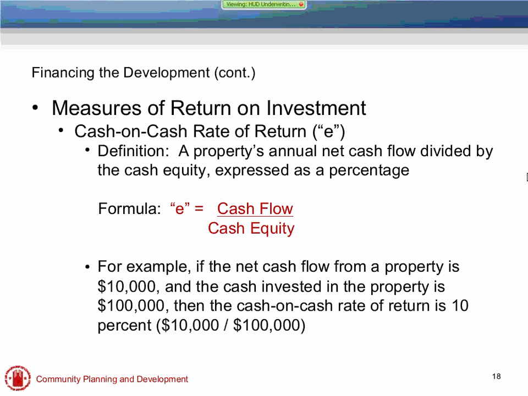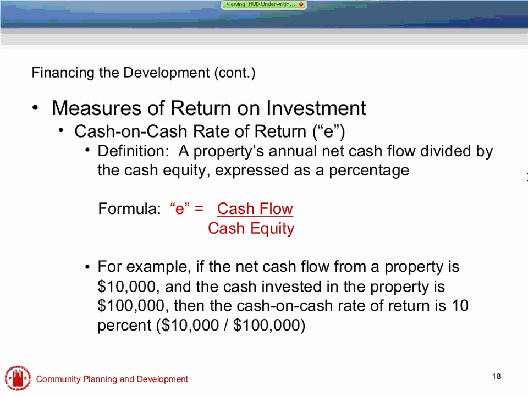All right, so let's talk for a moment about return on equity. One of the principal measurements of return on equity is what we call cash-on-cash rate of return, or little e. What that represents is a property's annual cash flow divided by the amount of cash equity.